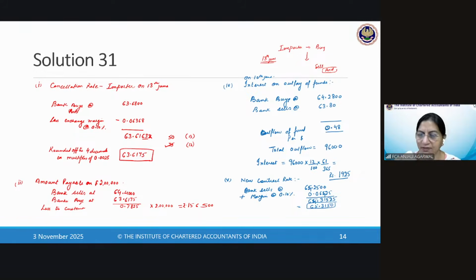64.25 plus 0.06425. So this comes out to be 64.31425. Now round off to 64.3150.